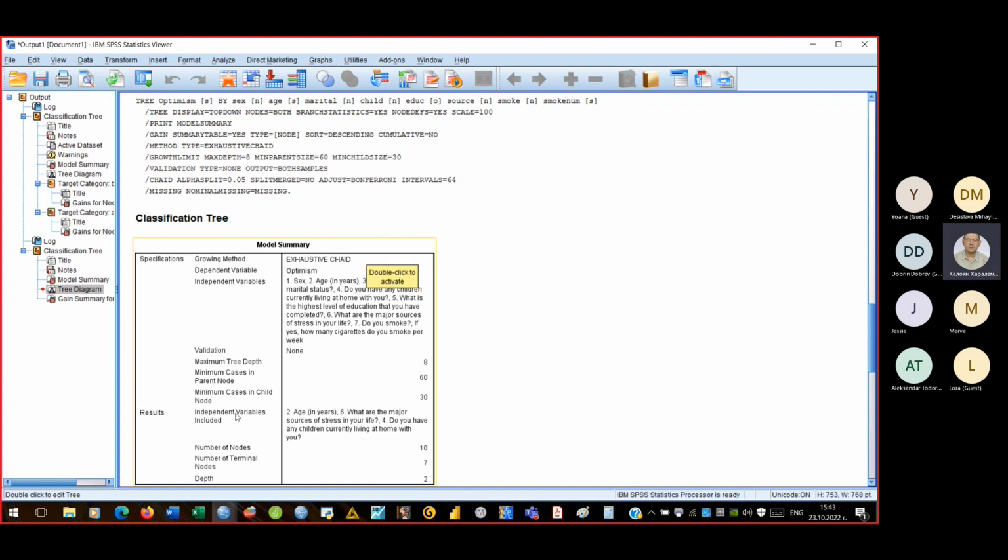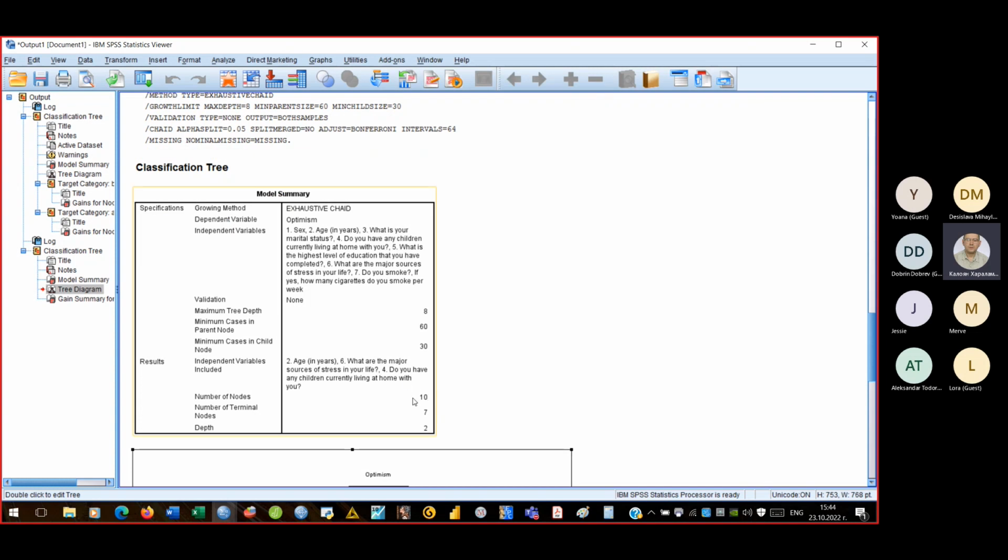And now you can see here that the independent variables already included in the tree, in the model, are age, the most important, a major source of stress, the second most important, and do you have any children currently living at home with you, the third most important independent variable.